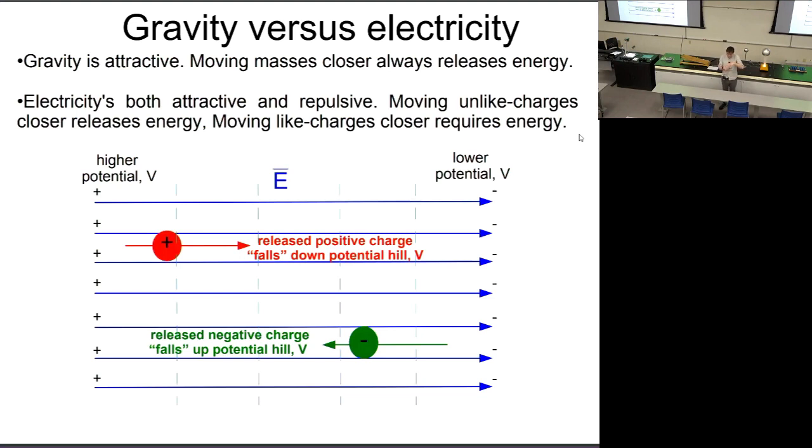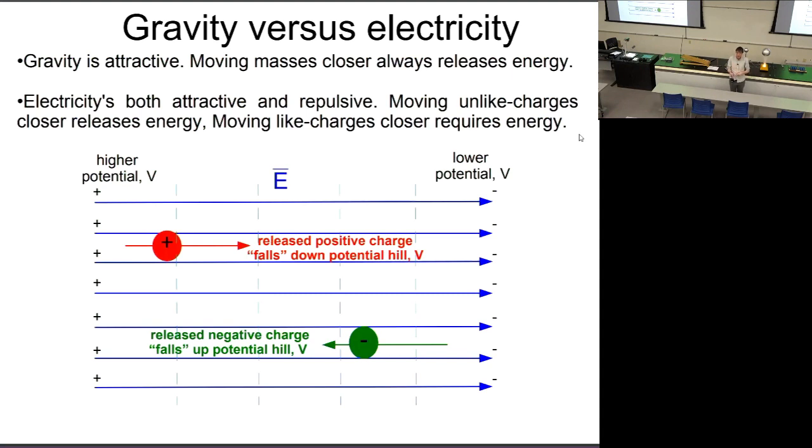Masses always move closer, are always attracted to one another. And when they're attracted to one another, they release energy. So if you drop a ball towards the ground, the ball is attracted toward Earth, it's going to release energy. In the case of charges, if opposite charges come together, they're attracted to one another, that's also going to release energy.